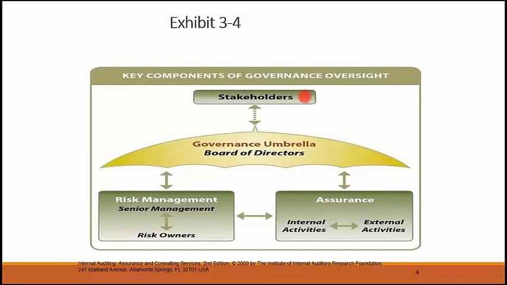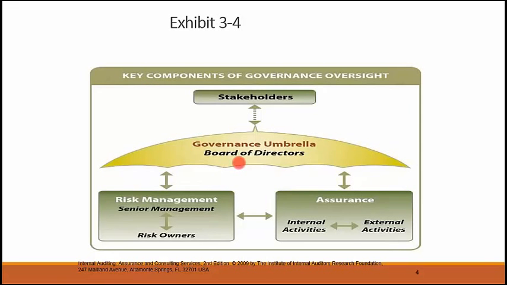Keep in mind that in some types of organizations, such as not-for-profit organizations and government organizations, there are no shareholders, but there are stakeholders. So when we think about stakeholders, we're thinking about these people that are in charge and have a vested interest in the value of the organization, and how they actually structure the governance.